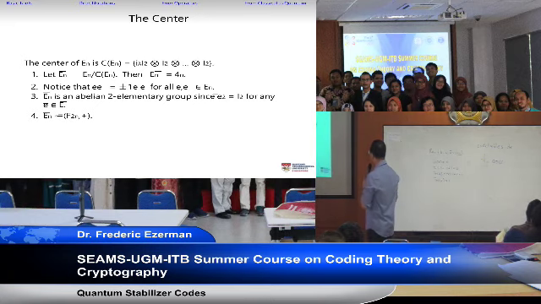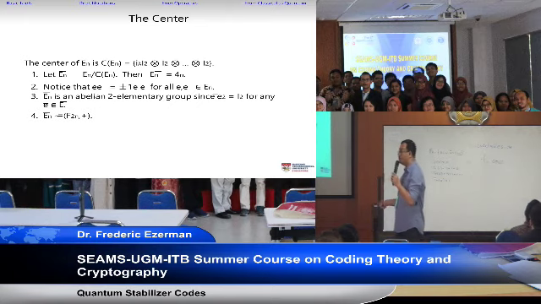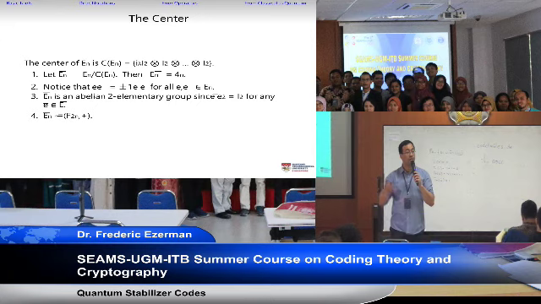So if I mod out the set of error operators, so I take the quotient group of the set of error operators with the center, this will turn it into what? Into an abelian group. That's why we study the center of a group, right? You take the quotient of any group with its center, and automatically it becomes abelian.